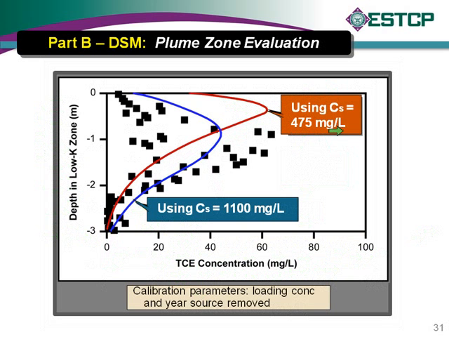They had a step-down source history, so we used the average concentration as the loading concentration. Then we used the loading concentration as a calibration parameter in the year the source was removed, because we didn't have a good indication of that. The blue line is our calibrated line, and the brown or red line is the initial run.